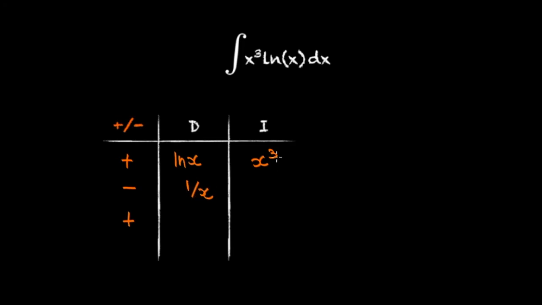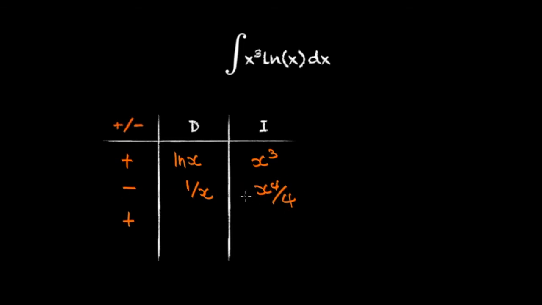And when we integrate x cubed, we get x to the power of 4 over 4. And the point at which you can stop differentiating and integrating is when you see that you can integrate the product of a row. So here we can clearly integrate the product of 1 over x and x to the power of 4 over 4, and so we can stop integrating and differentiating at this point.